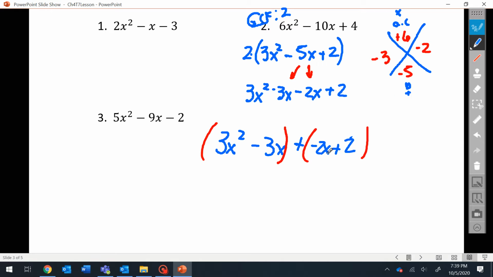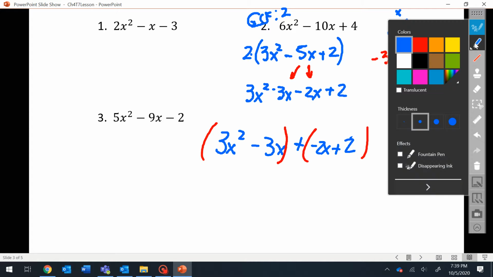The reason for this is because I want that negative sign to be part of the second group. It's on the minus 2x, so I'm going to leave it on the minus 2x, but I do want a plus sign between these, because if that minus sign's on the 2x, it needs to be on the 2x when it's grouped together.